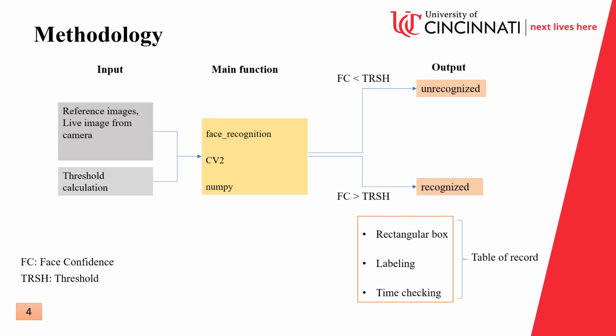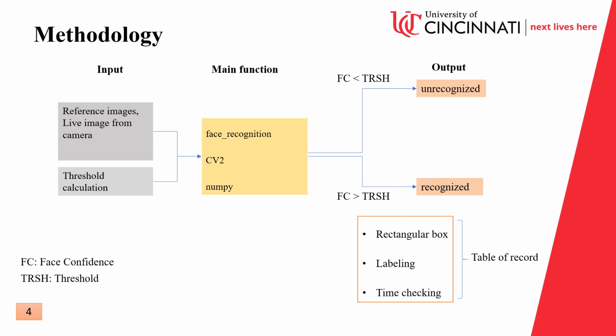For our project, we calculated our threshold to be 60%. So if the face confidence goes beyond 60%, the person is recognized. Otherwise, it would be an unrecognized person, and the output would be three question marks, which means the person couldn't be recognized.